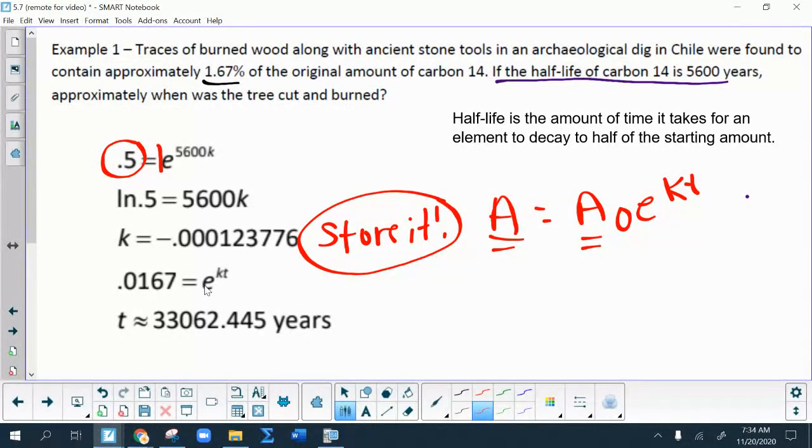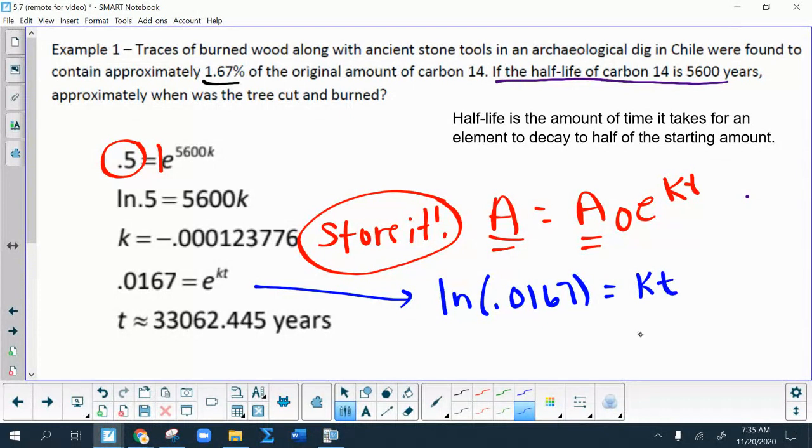I can graph it, or I can do the natural log again. I didn't actually show you that middle step here. So I would do the natural log of 0.0167 equals kt, and I'm dividing by k, which then gives me that very large number, which should make sense because we are at an archaeological dig.